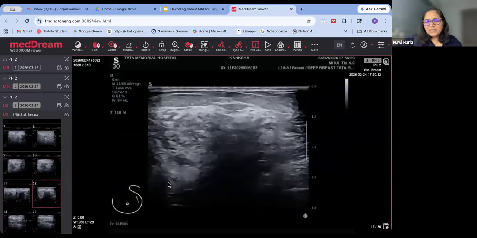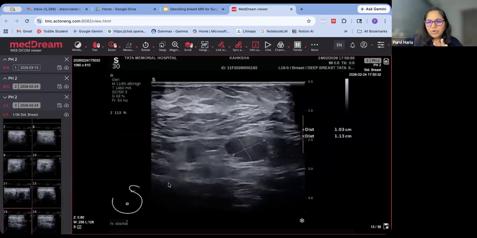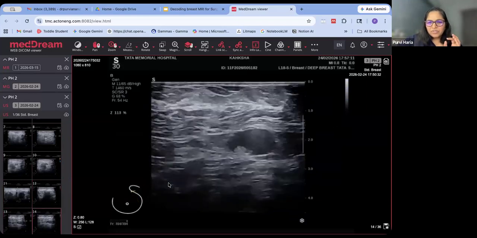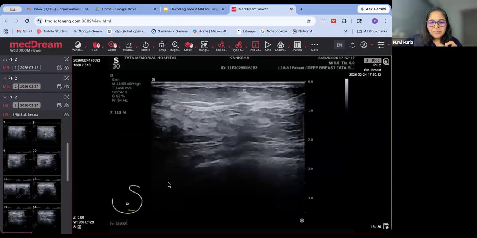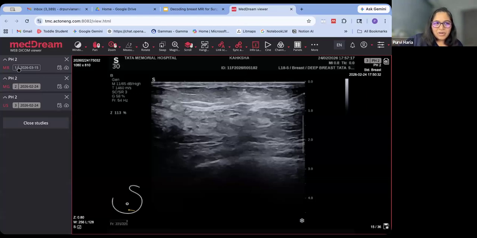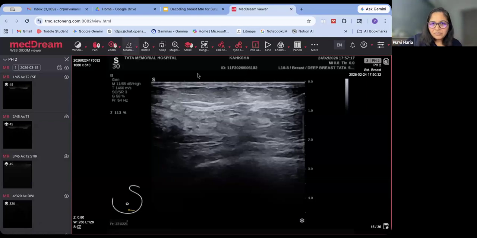There was some non-mass area in the upper outer quadrant and axillary nodes which were suspicious. So here I have done this MR for disease mapping. I want to know exactly from where to where the disease is going. With this picture of mammogram and ultrasound, let's open the MR and see how it looks.